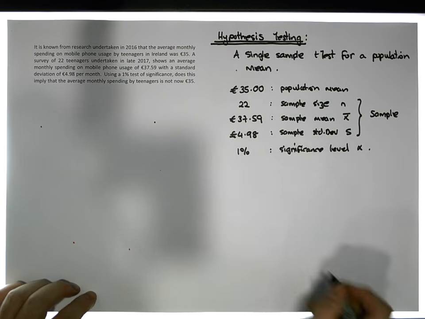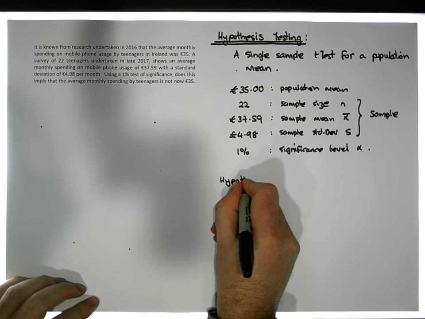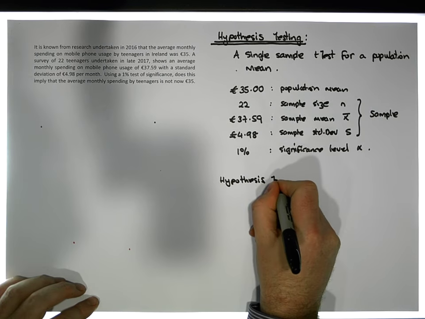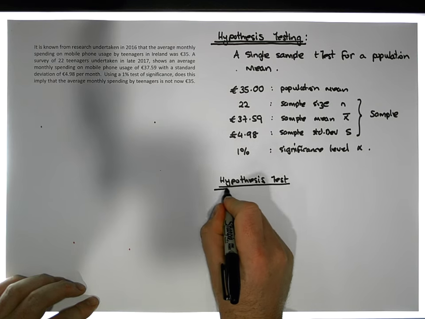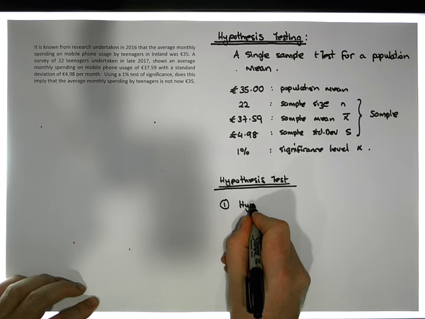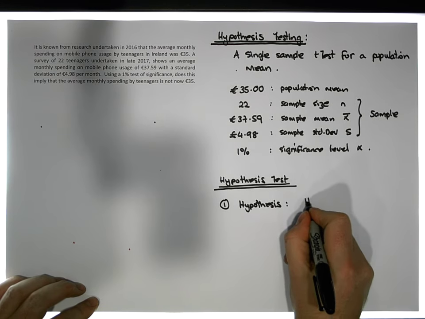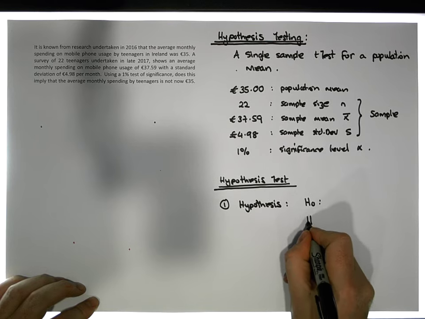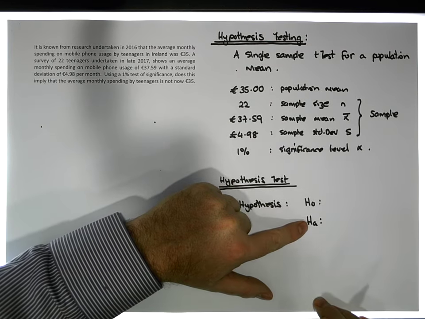From a hypothesis test perspective, we know that we're going to have 5 steps. Step number 1 is to define the hypothesis. The hypothesis has 2 positions, a null position and an alternative position. What we want to try to prove is always placed in the alternative.